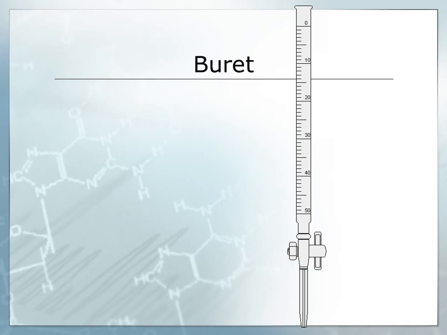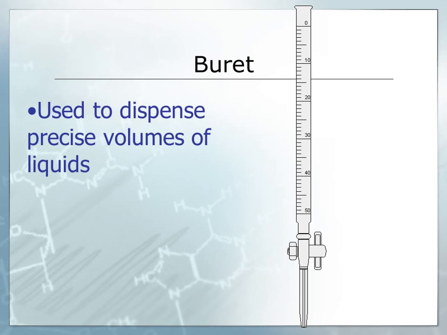The instrument that we use for a titration is known as a burette. And a burette is an instrument that has graduations on it designed to give you very accurate readings of the volume of liquid that is dispensed. So a graduated cylinder has a fair number of markings on it, and that's the main instrument that we use for measuring liquid volume.